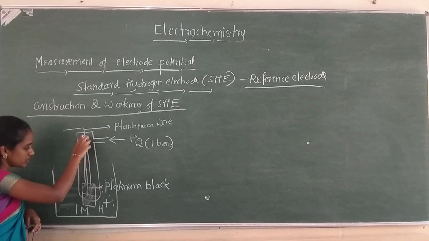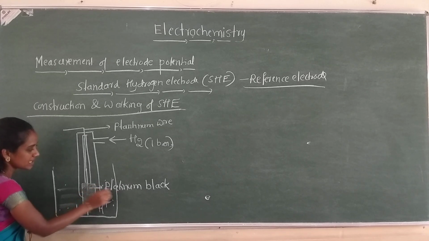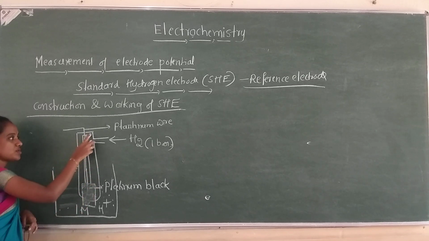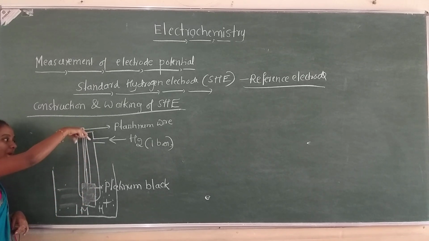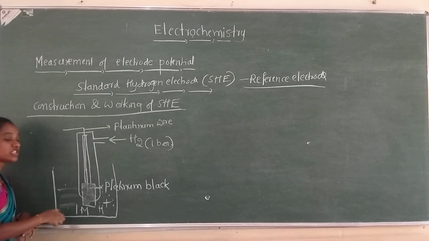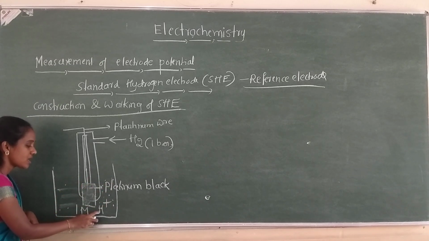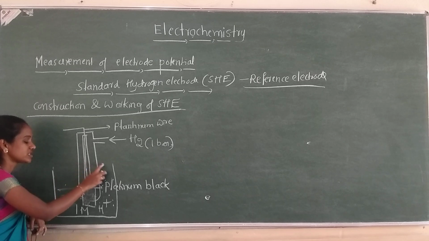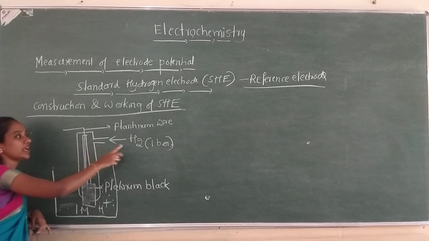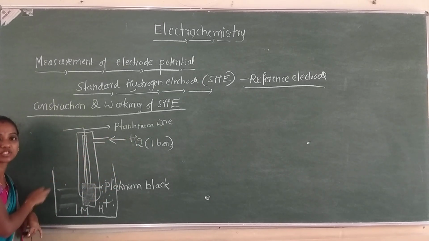This platinum electrode is coated with platinum black. It is covered with an outer glass jacket, and the glass jacket containing the platinum electrode is dipped in, or immersed in, acidic solution, and from the top of the glass jacket pure hydrogen gas is bubbled through it.